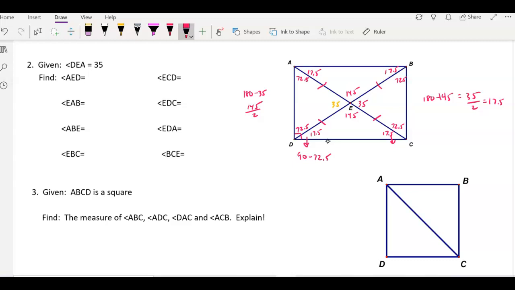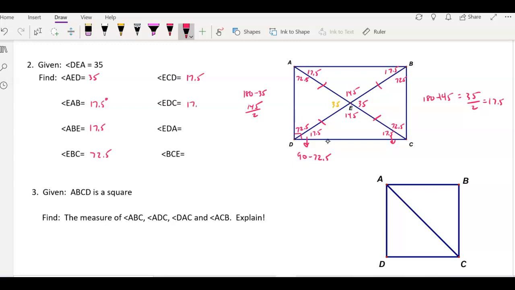So AED we know is 35 degrees because that was given. EAB was 17.5 degrees. ABE, 17.5 degrees. EBC is 72.5 degrees. ECD is 17.5 degrees.